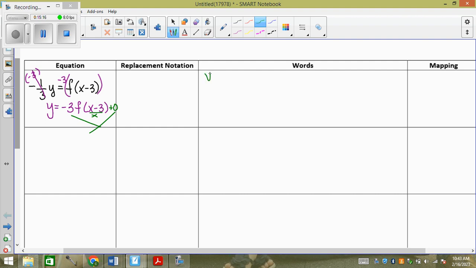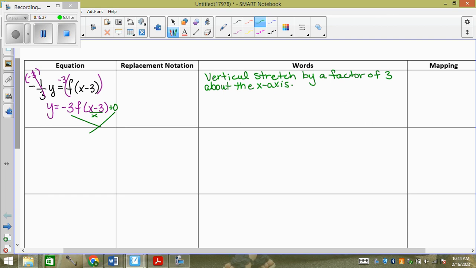So we have a vertical stretch by a factor of what? About the x-axis. Do we have a horizontal stretch? No, there's nothing in front of the x. Do we have any reflections?